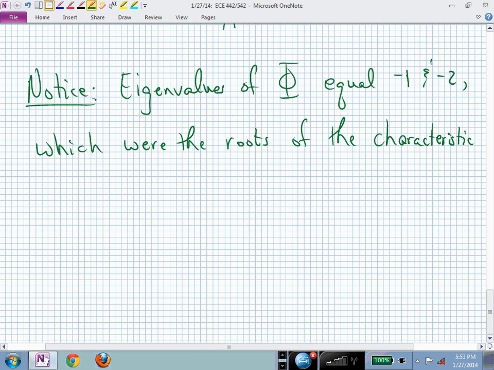We found those to be the roots, -1 and -2, but that's also of the characteristic equation.